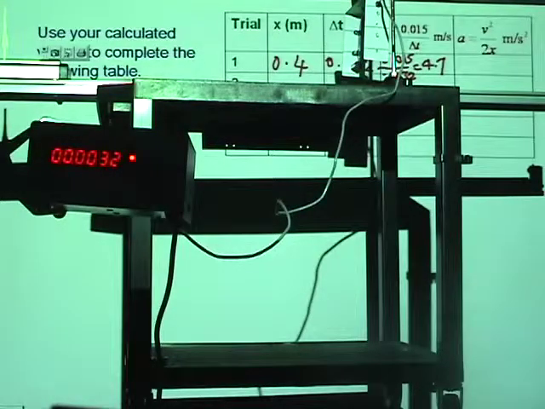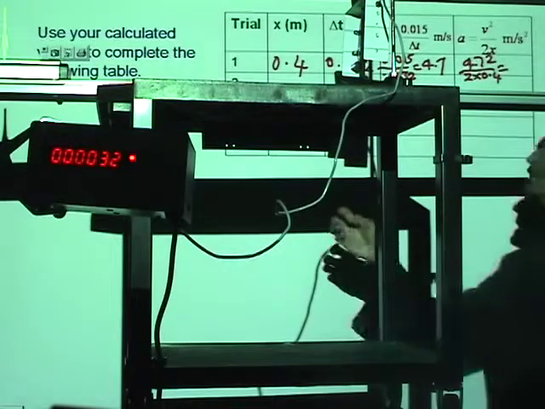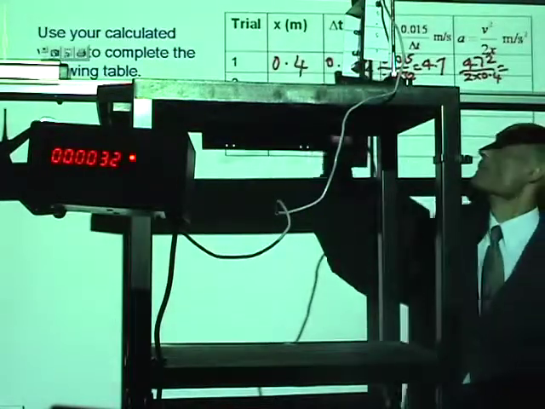Now calculate the acceleration. Now v squared, our v is 4.7. So come here and say 4.7 squared divided by 2x. x is 0.4. So that will be 4.7 squared. I hope you are following this.